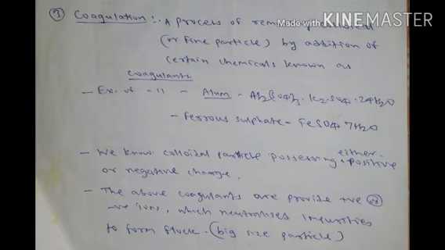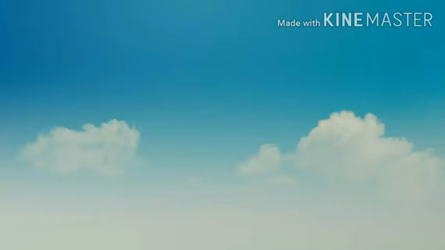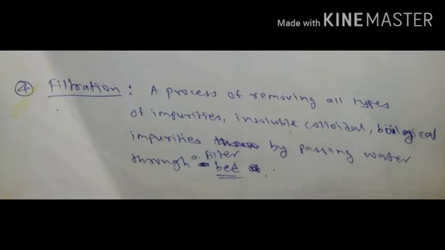Okay, now let's know about the next process, which is called filtration. In our syllabus there are two types of filtration involved, one is the gravity sand filter and the other is the pressure filter.